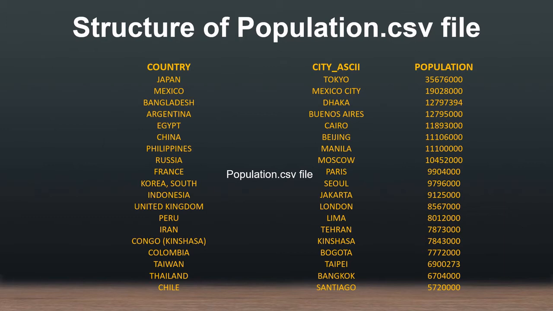For example, the country name is Japan, the capital is Tokyo, and this is the population. Similarly, the country name is Mexico, the capital is Mexico City, and the population is this. The country name is Bangladesh, the capital is Dhaka, and the population is this. In this way, a CSV file is created which stores the population of different countries along with the city. I'll be using this for the program.